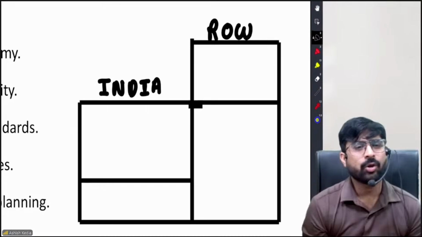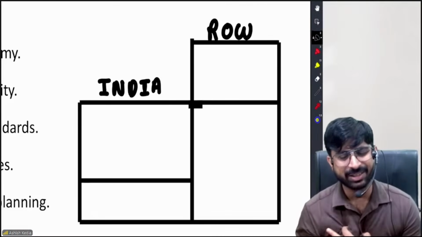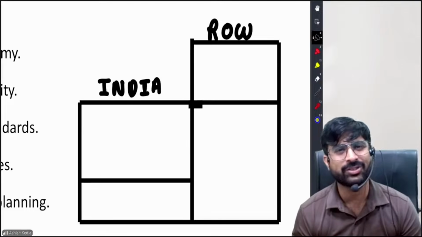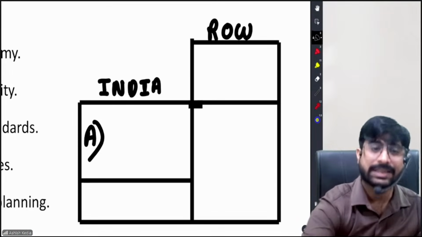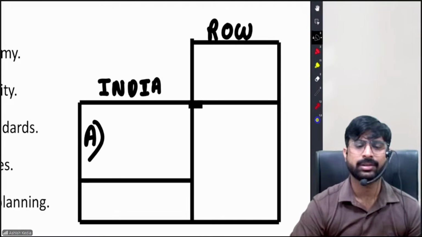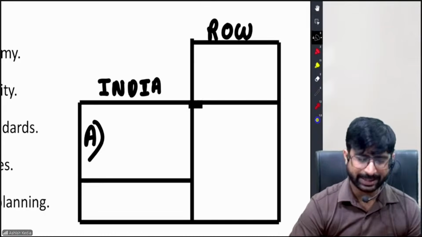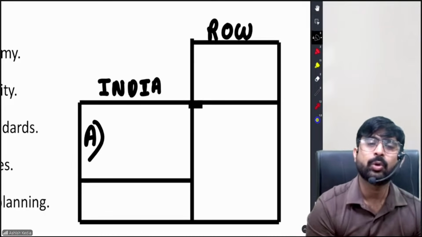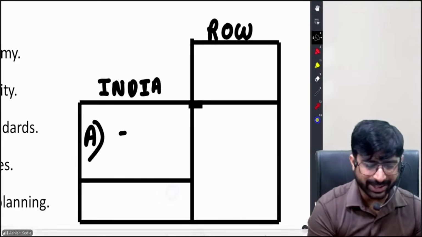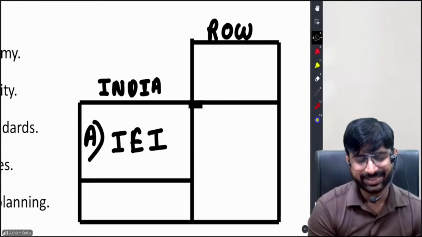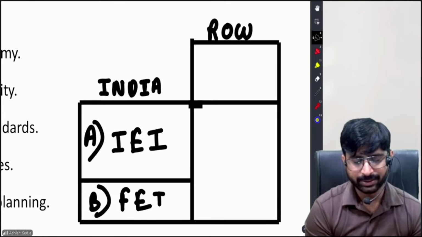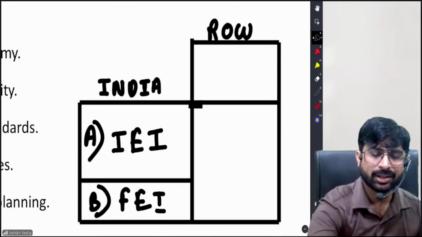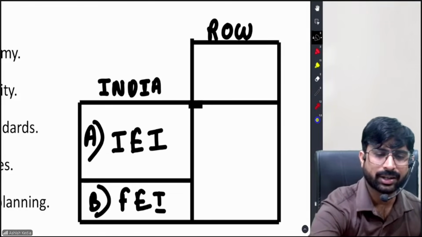In India, there are two kinds of people who are earning income. In India, there are Indians who are earning, so IEI, Indians earning in India. B, you have foreigners earning in India. Indians earning in India and foreigners earning in India. Correct?